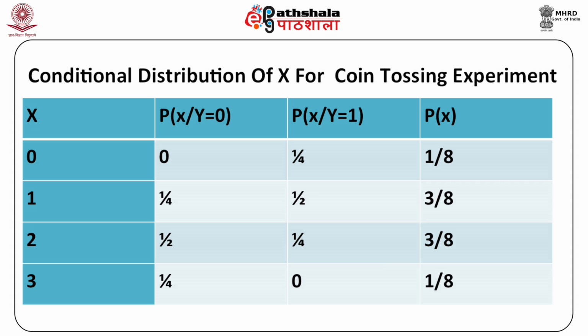The conditional probability distribution of X given Y equal to 1 is computed similarly by dividing the entries in the third column of the table by P(Y = 1), which is equal to half. The conditional probability distribution of X for a coin tossing experiment is shown in the table. A similar conditional probability table may be constructed for the four separate conditional distributions of Y, each corresponding to one of the possible values of X.